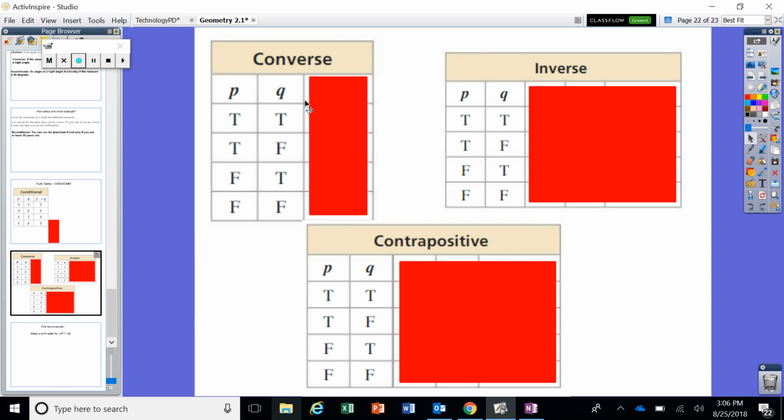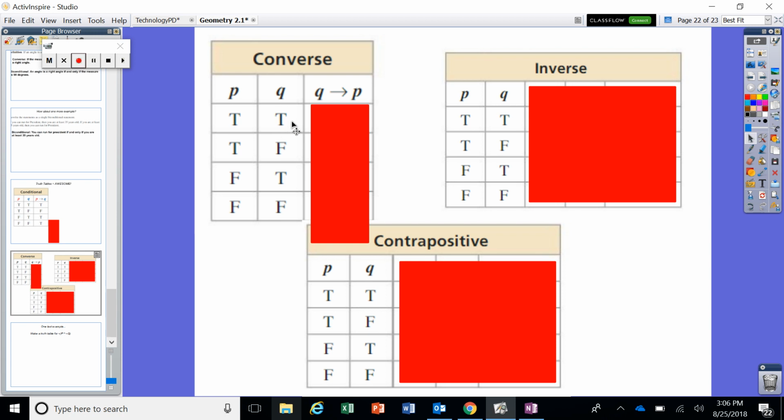Well, why is that? It's because they're the only four scenarios that can ever happen in P and Q, right? There's only one hypothesis and one conclusion. There's only four outcomes that could possibly be the case. Well, we know the converse is to switch Q and P. So follow my marker as I go through this video.